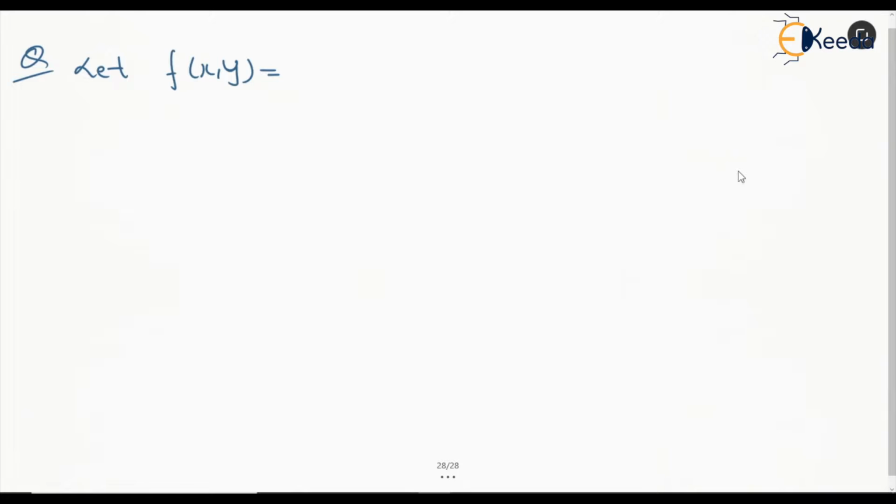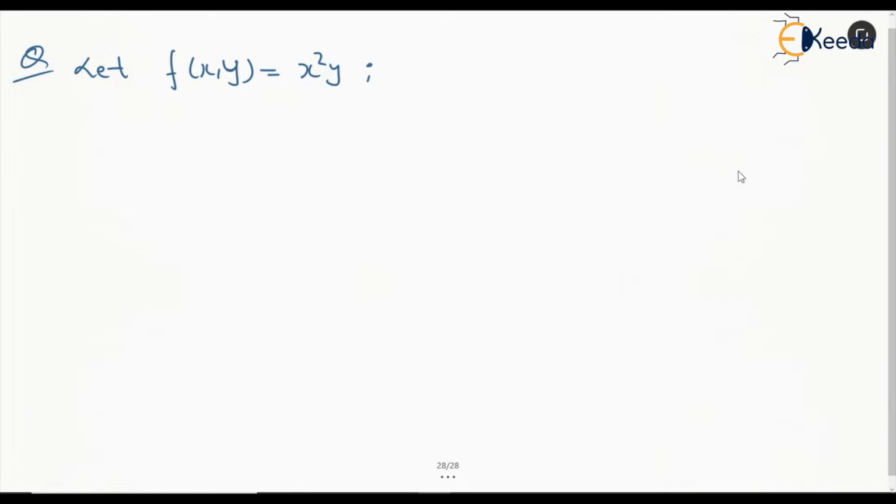In this session we'll see another question on curl, gradient and divergence. This question is about the gradient and the directional derivative. It says: let f of x comma y be given as x square y.